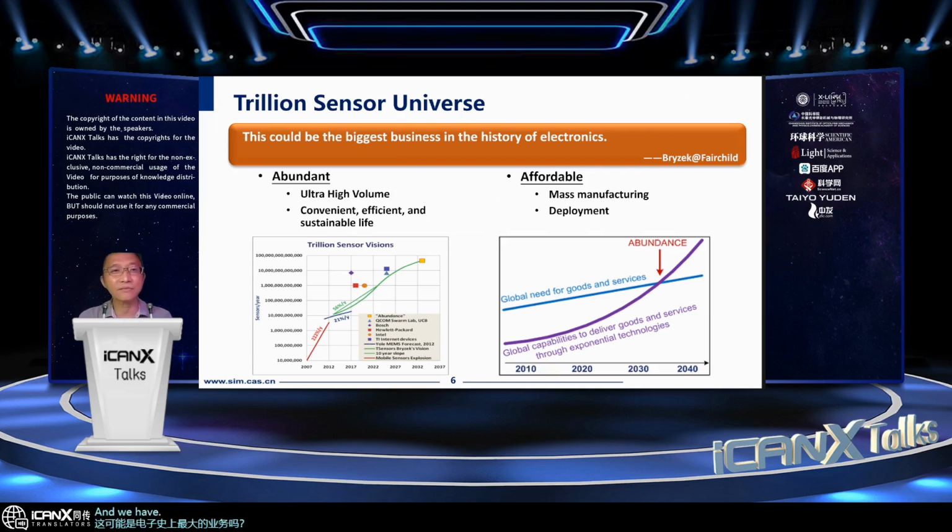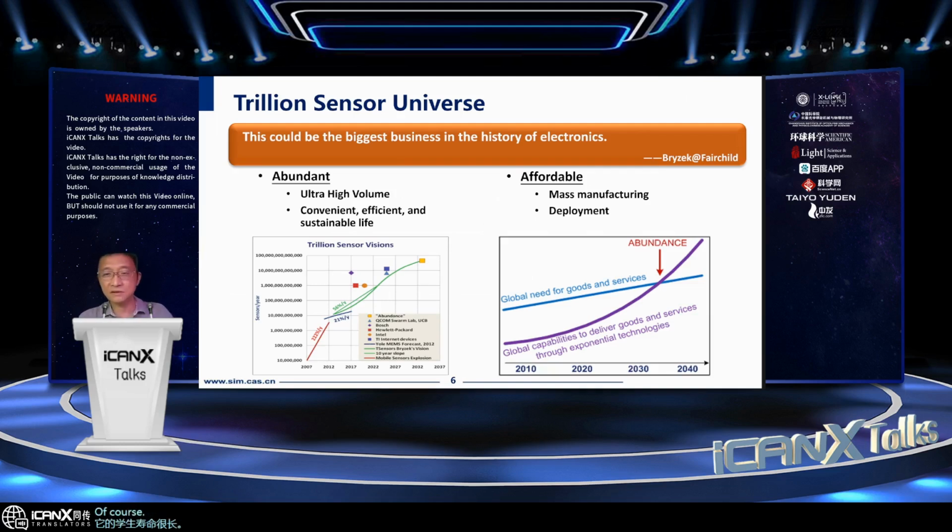And we have sensors that are abundant and affordable. Its value is so high, it can let us touch the sensors every day, every time. And it's so convenient and efficient, and it should have a long life.